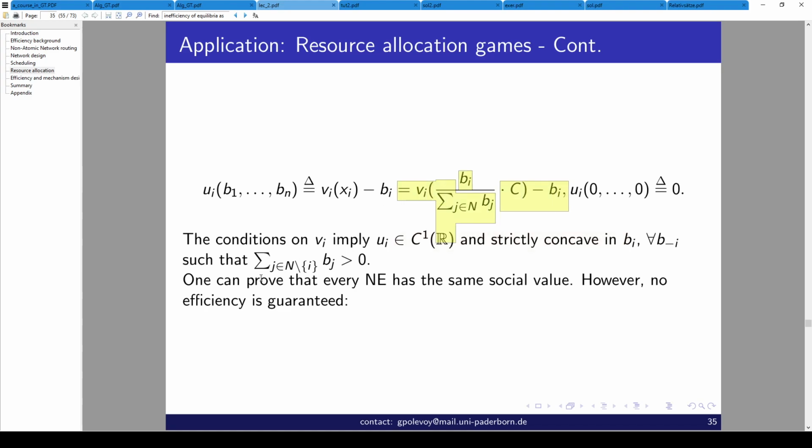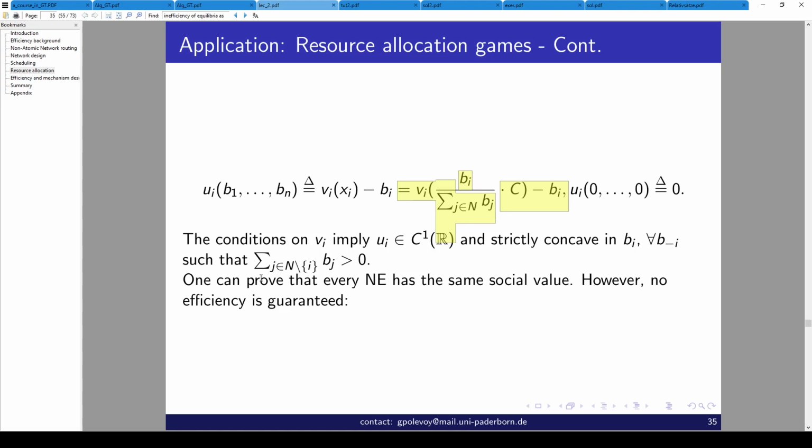And one can prove that every Nash equilibrium has the same social welfare. However, no efficiency is guaranteed.